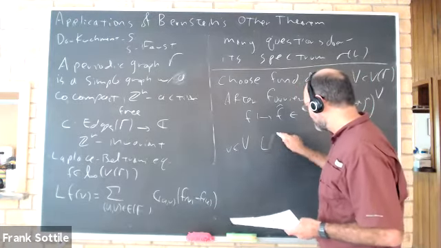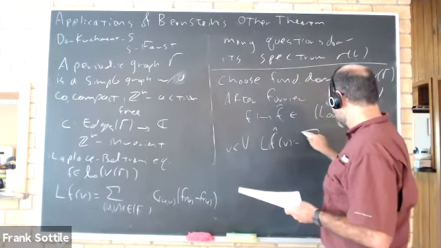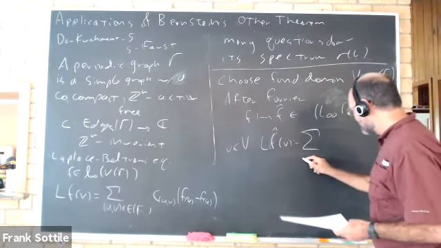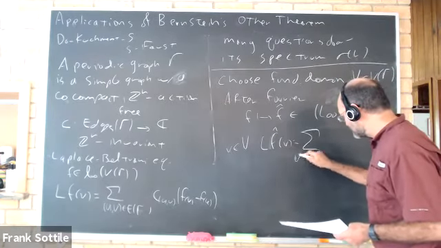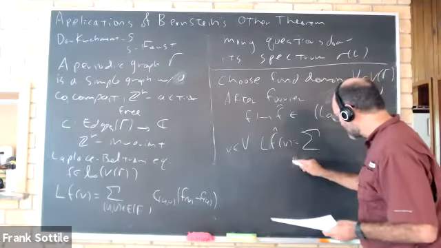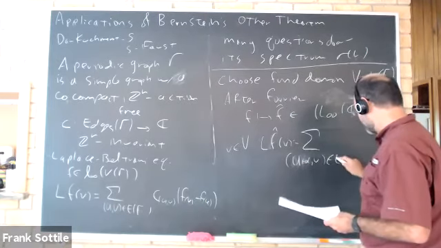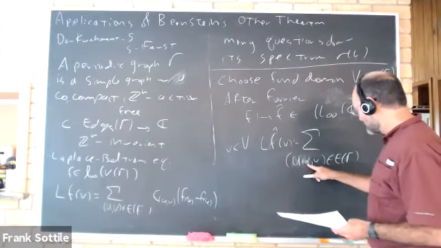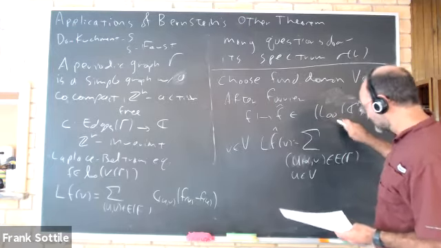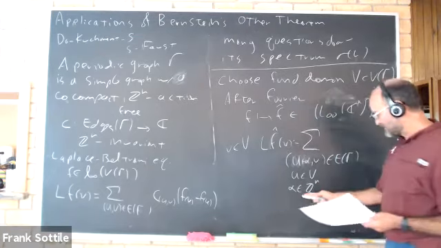So if I apply this to f hat, I look at v. It looks very similar. The summation is a little bit longer. So I take u plus alpha comma v to be an edge of the graph. Here, u is in the fundamental domain because I want to express it there, and alpha is the action.